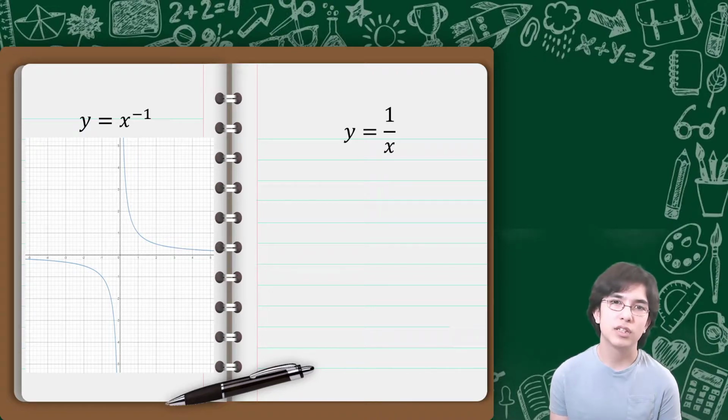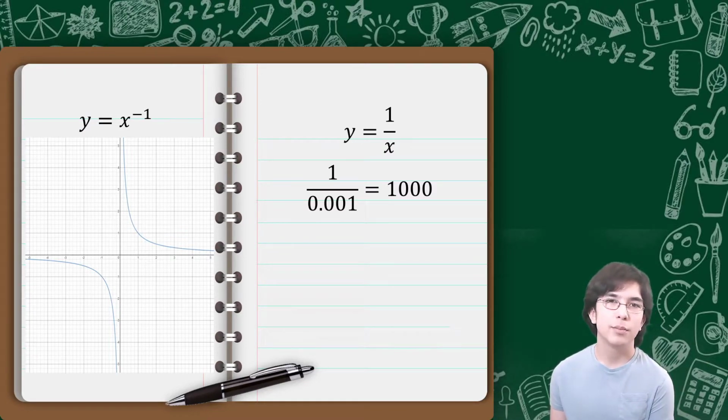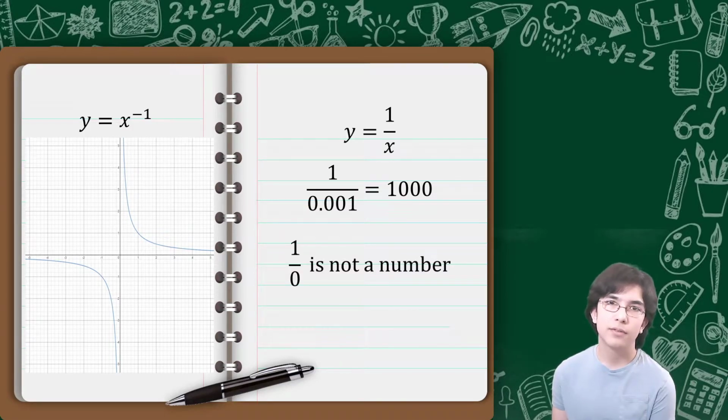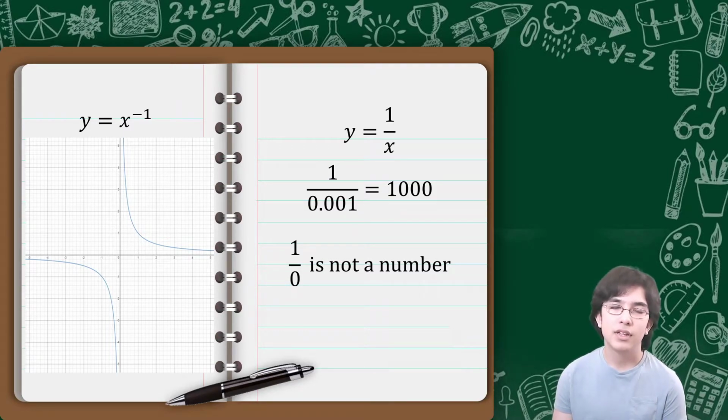As x gets smaller and smaller, you get 1 over smaller and smaller numbers. 1 over 0.1 is 10, 1 over 0.01 is 100, 1 over 0.001 is 1000, etc. But to be able to get to the line y equals 0, you would have to have 1 over 0, which is impossible. 1 over 0 isn't a number, so x equals 0 isn't a valid input. Therefore, the line cannot touch y equals 0.